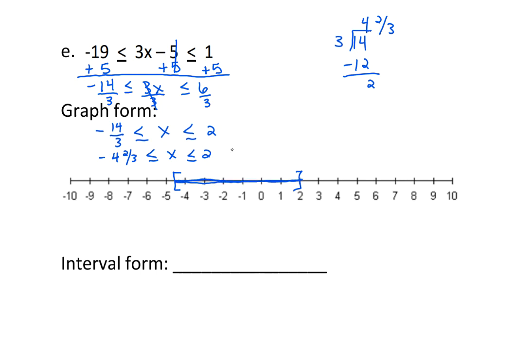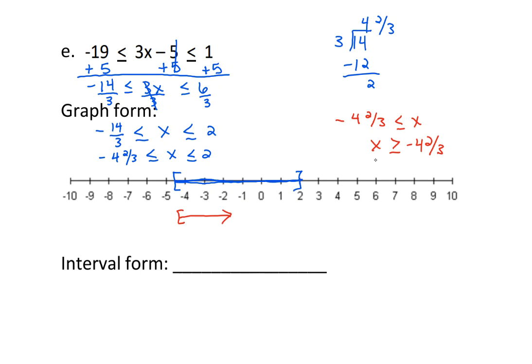Okay, so if we were to separate this, let's talk about what it would look like if these two were separated. If I had negative 4 2/3 is less than or equal to x, that's the same thing as x is greater than or equal to negative 4 2/3. So this part right here, x is greater than or equal to negative 4 2/3, would look like that, right?